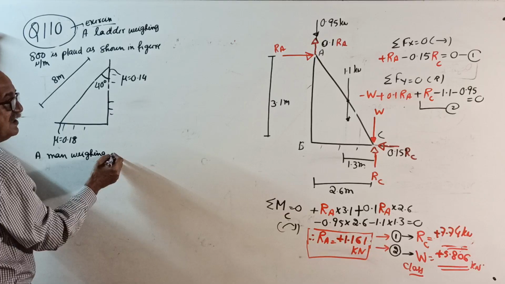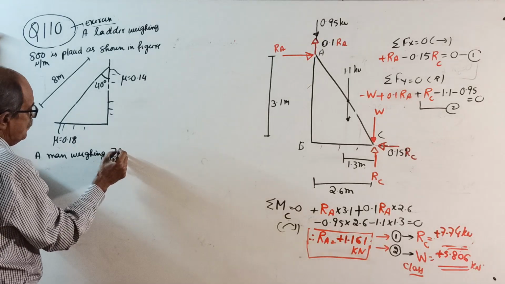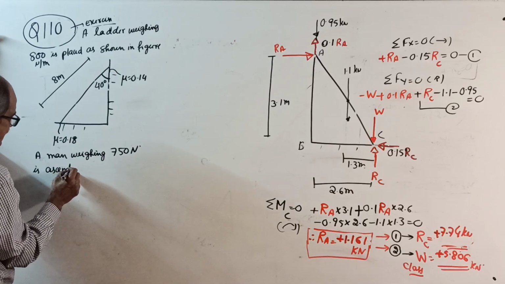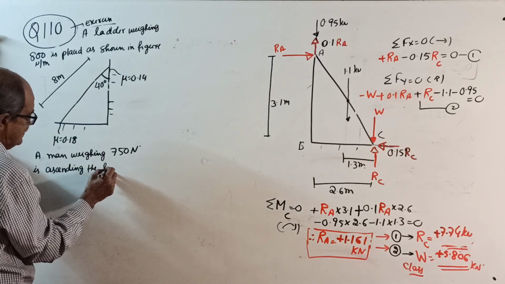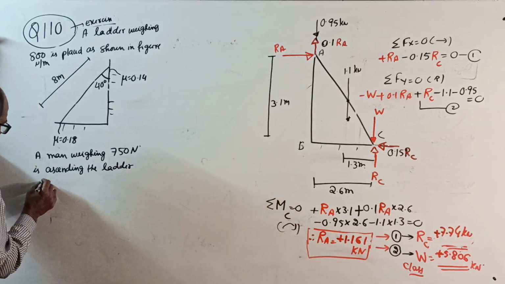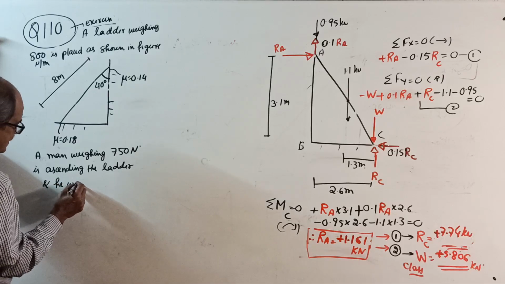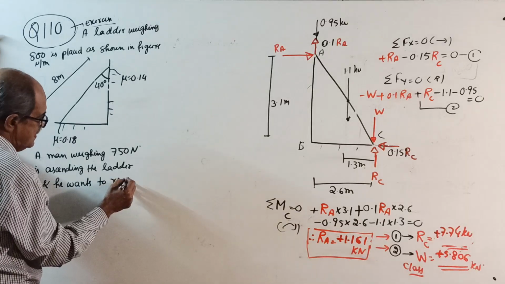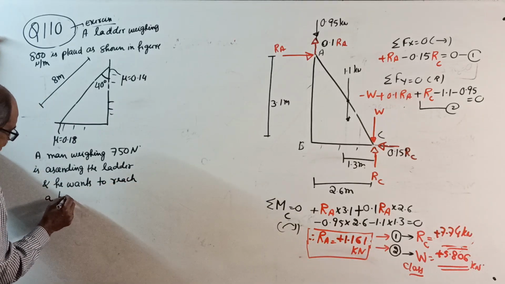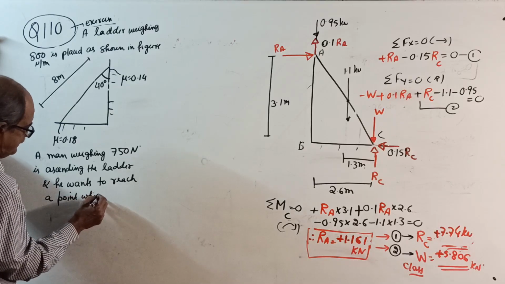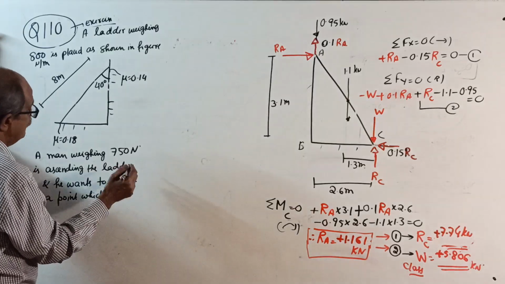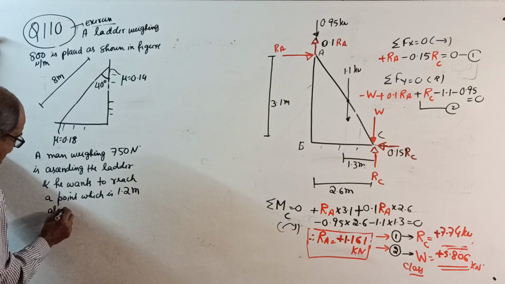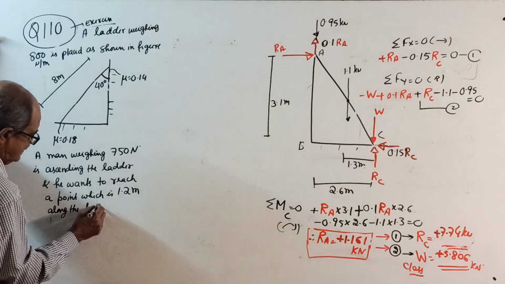Some 800 kgs, not 800, 750 Newton, is ascending the ladder and he wants to reach a point which is 1.2 meter along the ladder from the top.